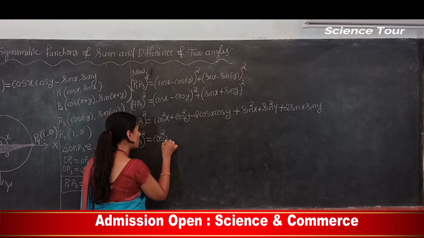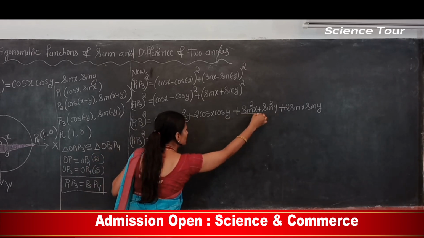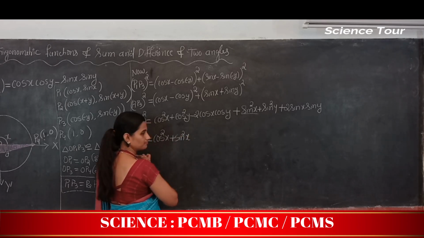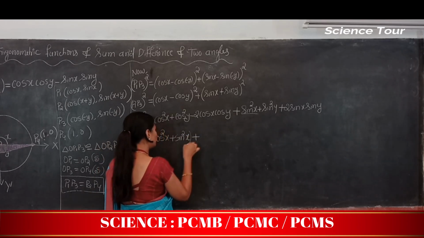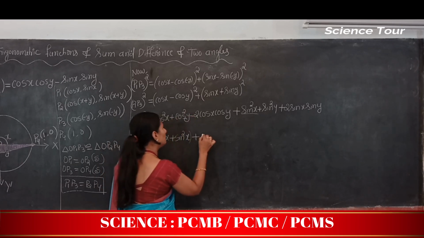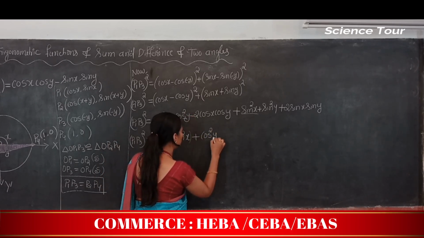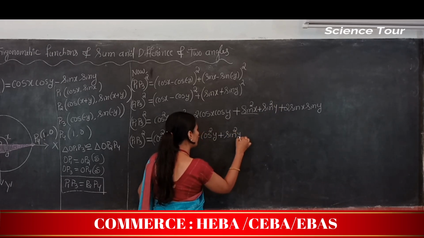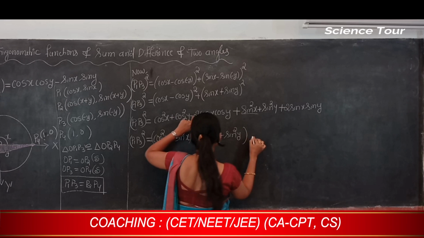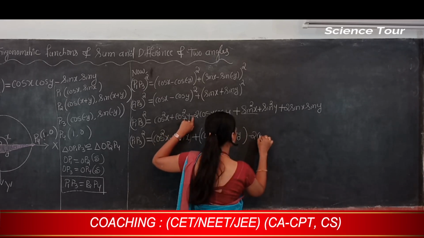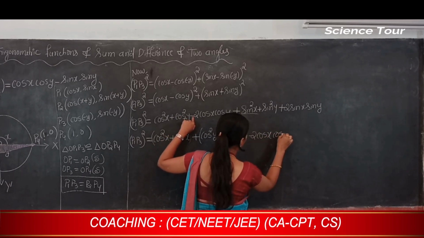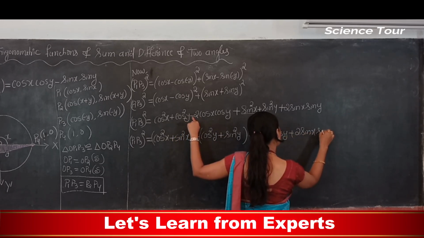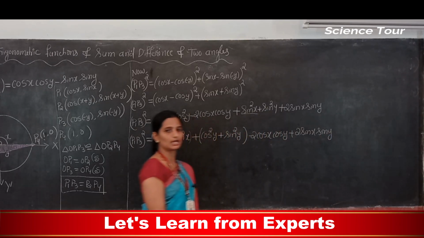So I'll write those two together. It is cos square x plus, I'll write with this one, sin square x, plus, I'll put a bracket for this one, cos square y, for this I'll write sin square y. Next, minus 2 cos x cos y plus 2 sin x sin y.